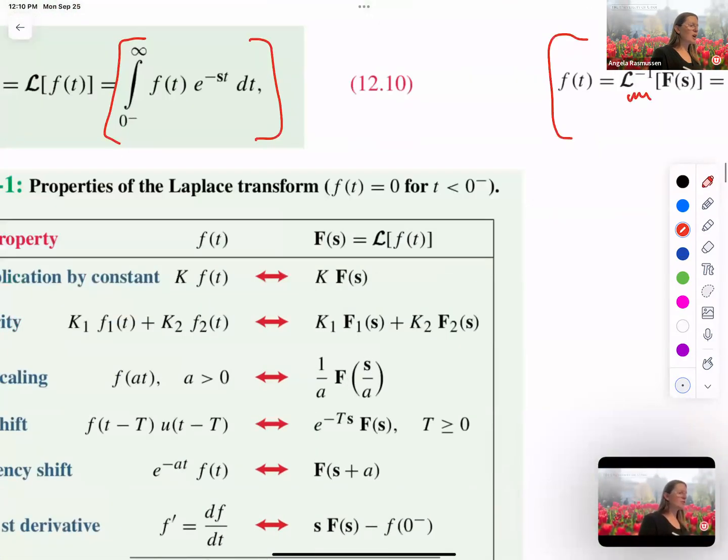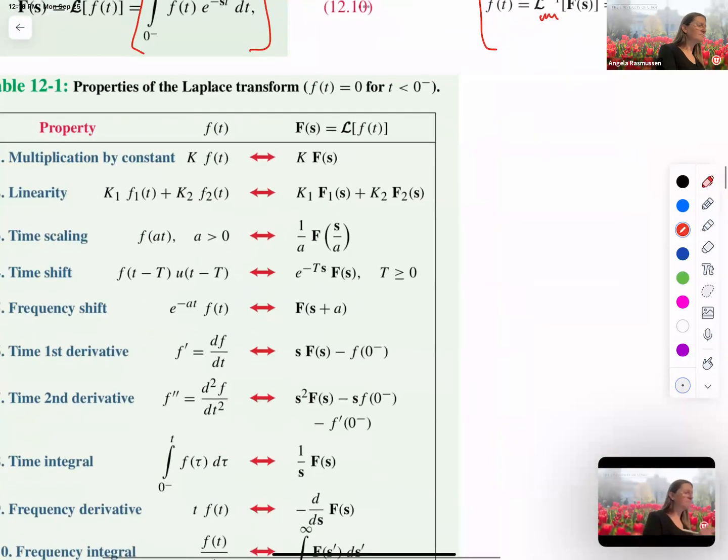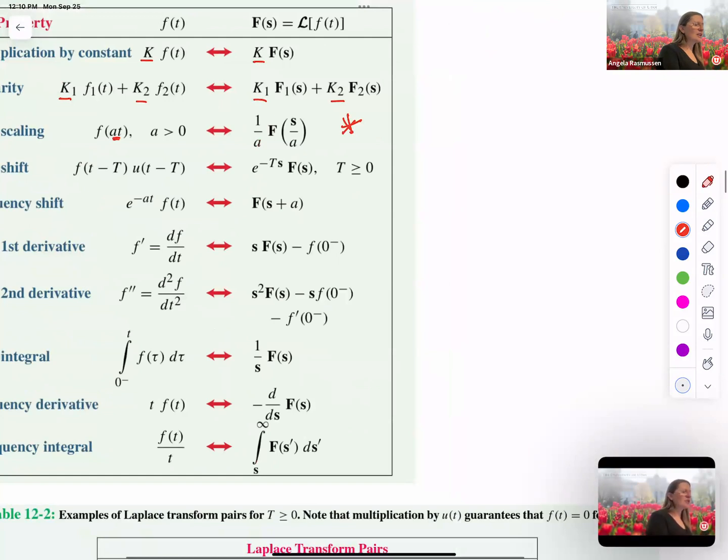So those go to the properties of Laplace. If I have a constant k, it just multiplies also in the Laplace domain. If I add two functions, I add the two functions in the Laplace domain. If I multiply the time of it, then it's this one. If I have shifts, then in the time domain, I have an e raised to the minus ts.